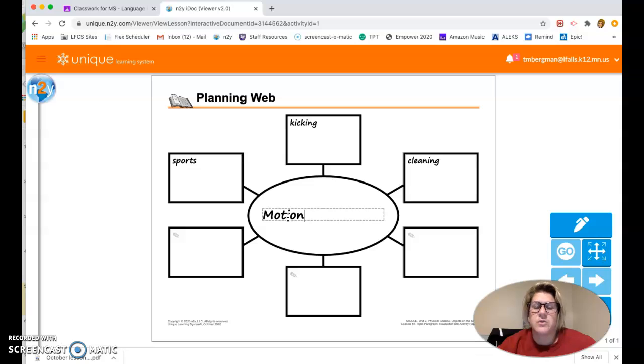You can talk about a baseball. Remember they said that they rolled a baseball, so you can even put things like push or pull. Some more of those vocabulary words. That's what this planning web is going to be. And then as the week goes on, next week, we'll use this information and brainstorm some more.